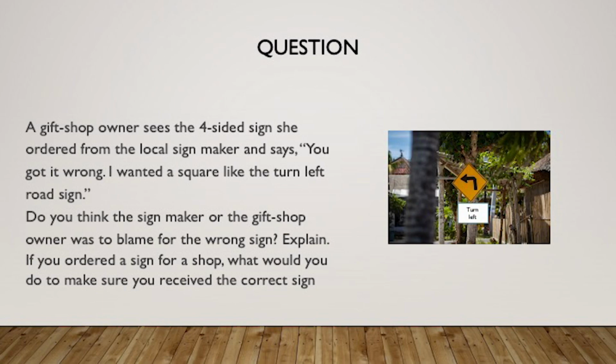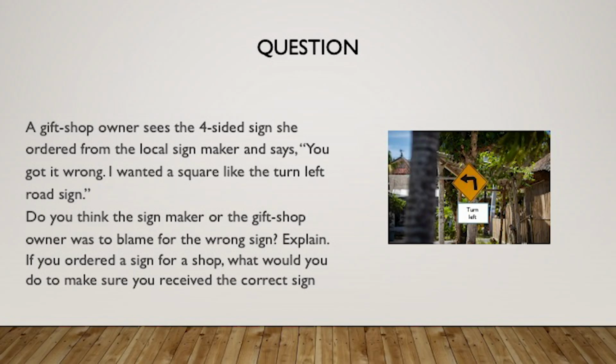Now to our final task of the day. A gift shop owner sees a 4-sided sign she ordered from the local sign maker and says, "You got it wrong. I want a square like the turn left road sign." Do you think the sign maker of the gift shop owner was to blame for the wrong sign?